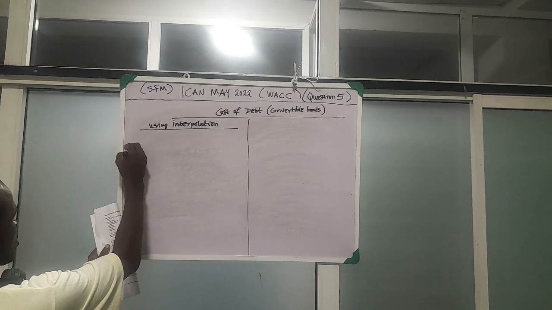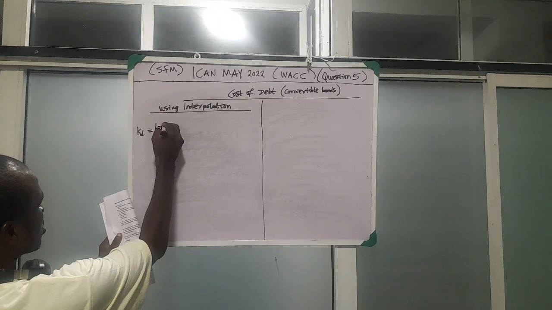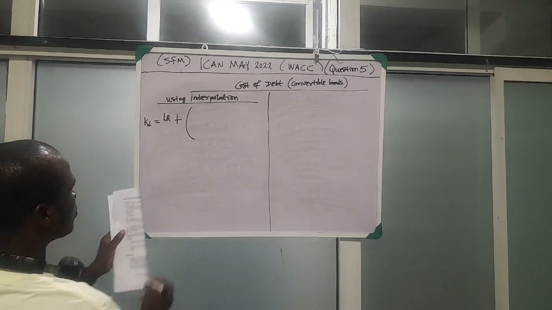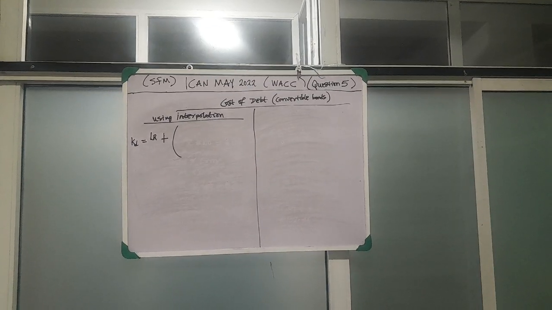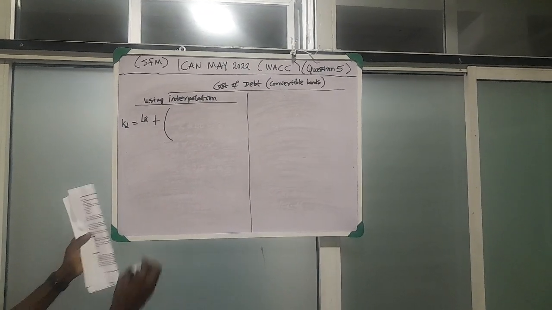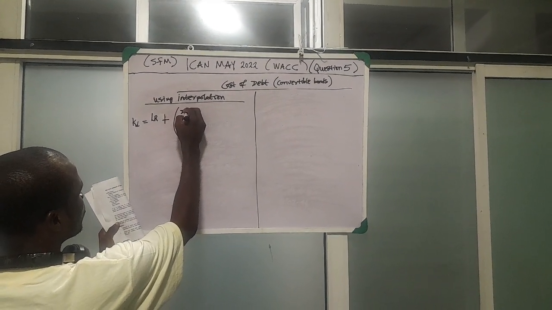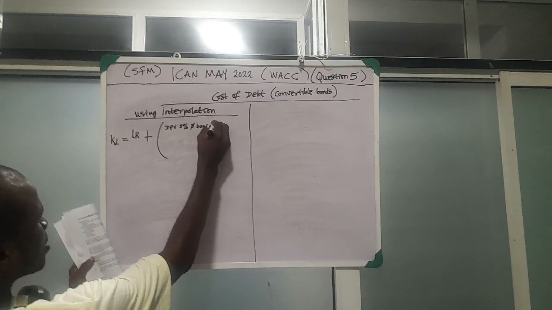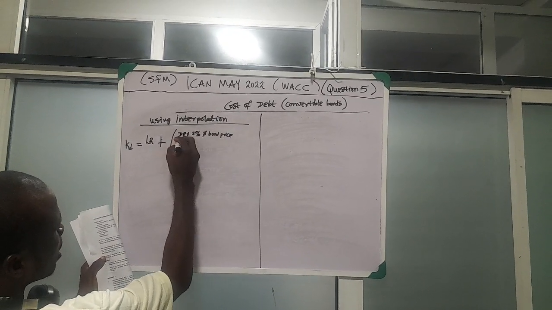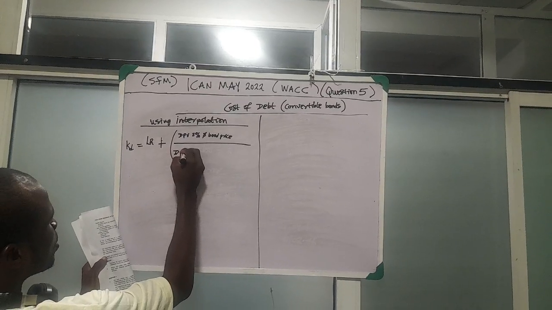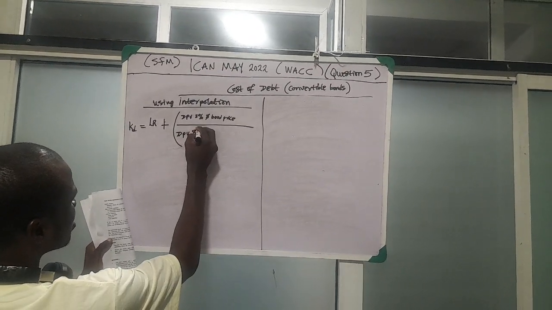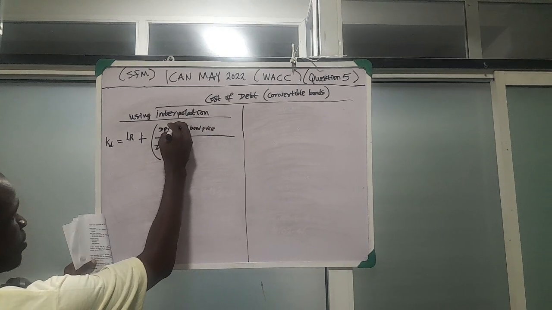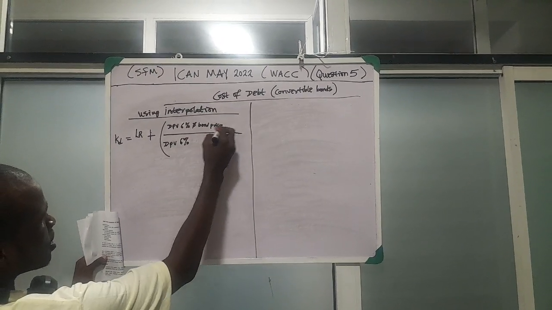We're using the formula: cost of debt is equal to lower rate, abbreviated as LR, plus open bracket, difference between PV at 6% and bond price, all over difference between PV at 6% and PV at 7%.